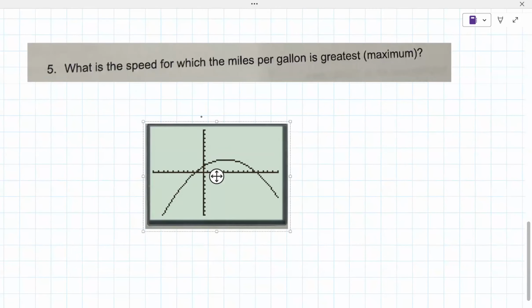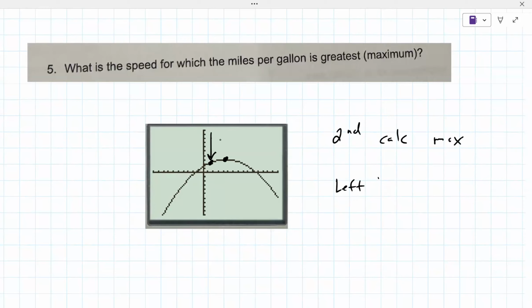So we're looking for the vertex. We're gonna do a second calc math, and it's gonna say left bound or left or something. You're gonna choose something to the left of it. How far left is up to you. You don't have to get too far away.